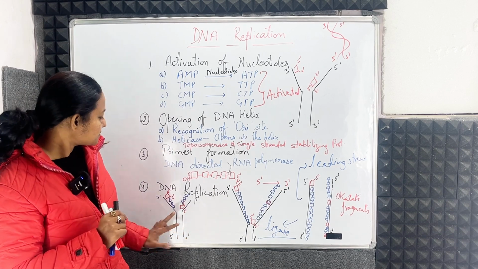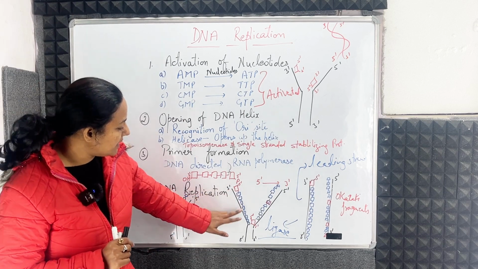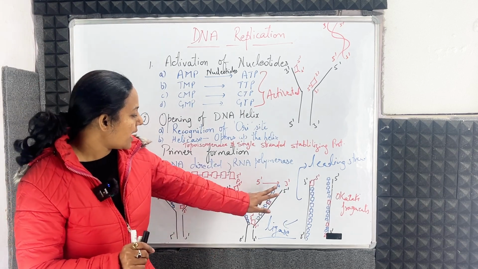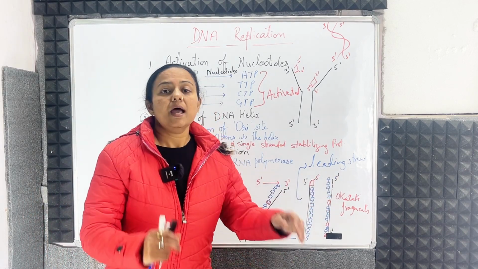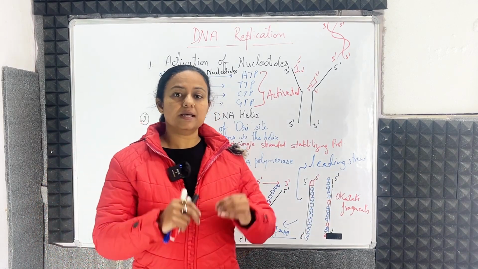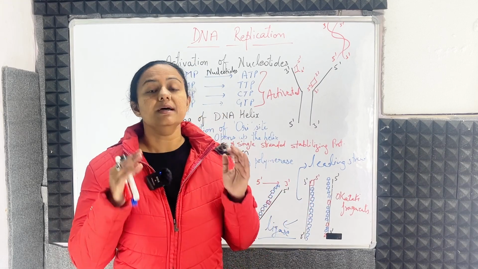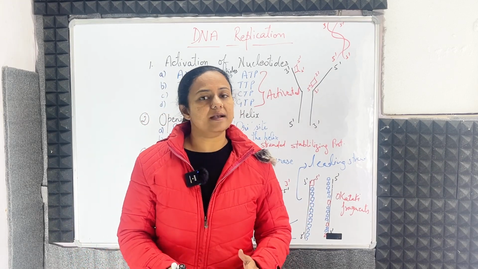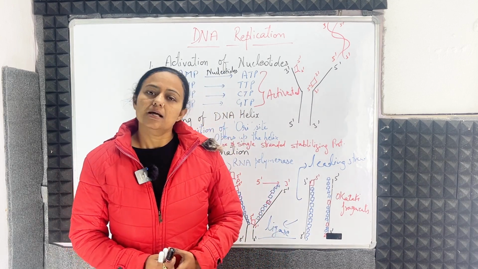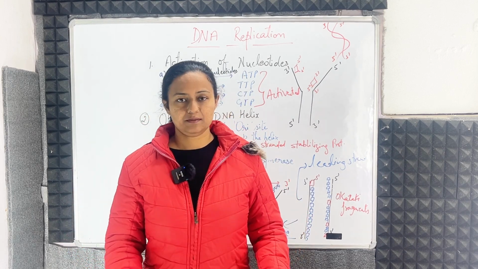Then you see that one will be your leading strand, and on the other you see Okazaki fragments present, and these Okazaki fragments get attached to each other with the help of ligase, and this is how your double-stranded DNA replicates. This is all in this topic.